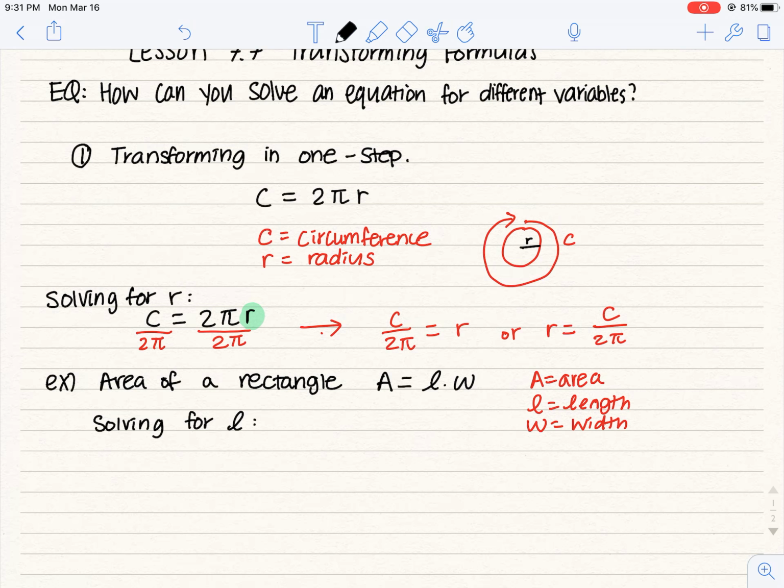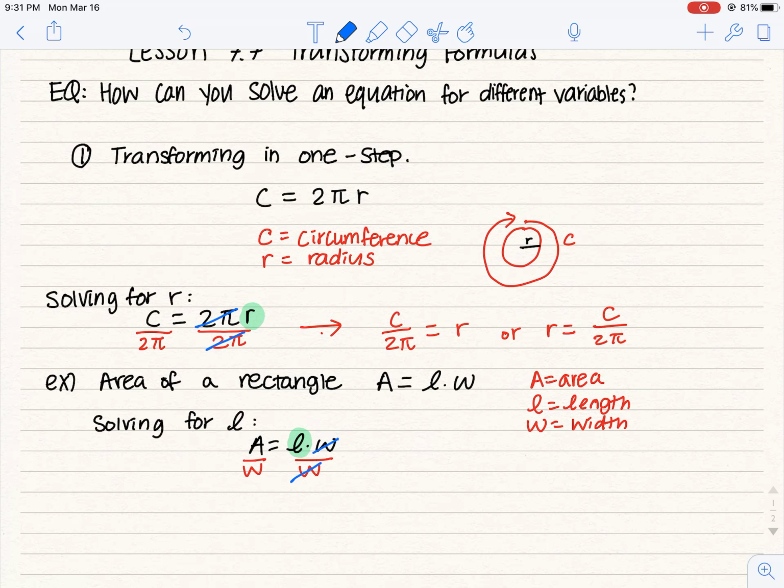Then, same thing, I'm going to see what the variable is that I can work with. I have to make it L equals something. So I'm going to do the inverse operation and get rid of the W. If I do that, they are going to cancel out.